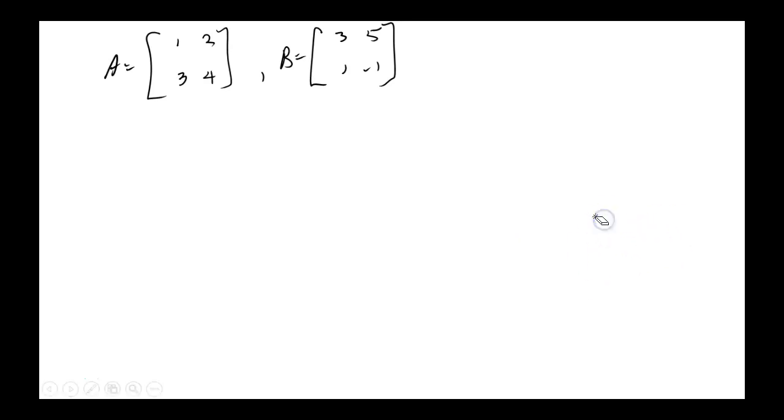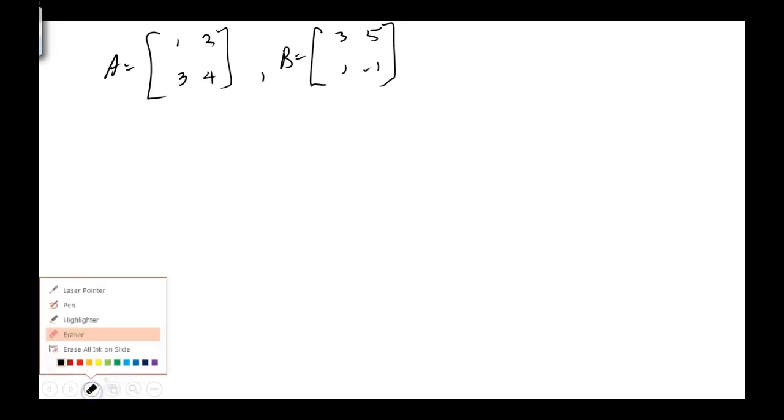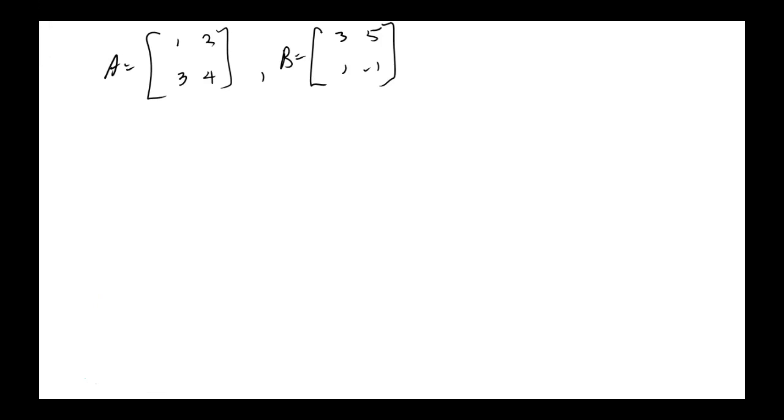Okay. Now, what discovery, if that A and that B, it says first find AB transpose. So let's first find AB. 2 by 2 times 2 by 2 will be a 2 by 2. So what will it be?